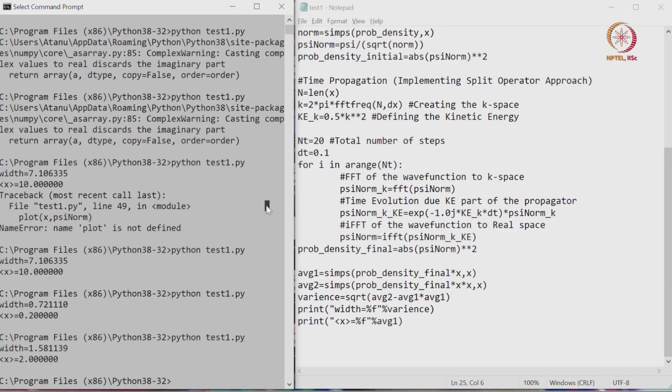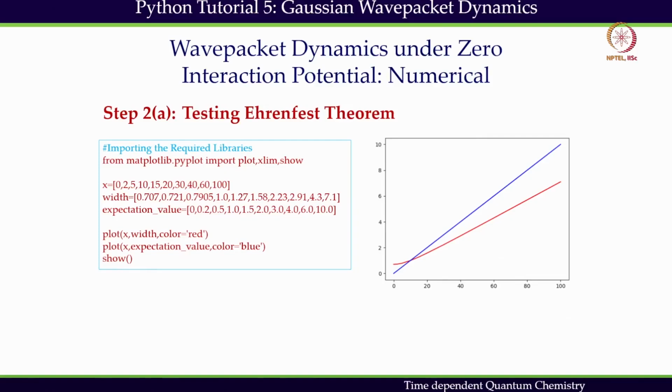If we keep doing it, then in the end we will go back to this slide, and in the end what we see is that we get some values. This is your time axis, and at 0 time it is at the 0 position.